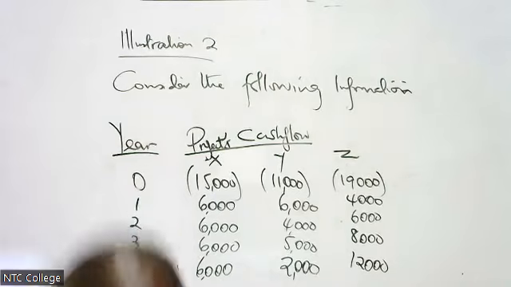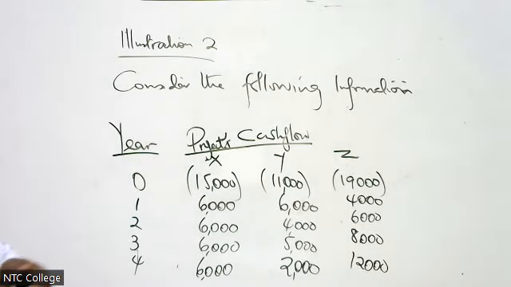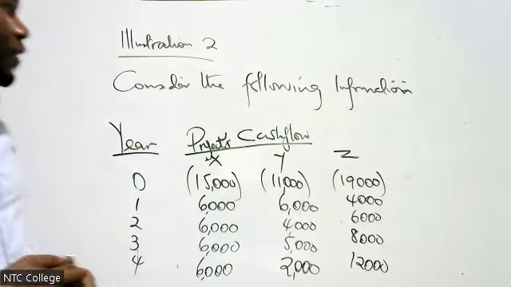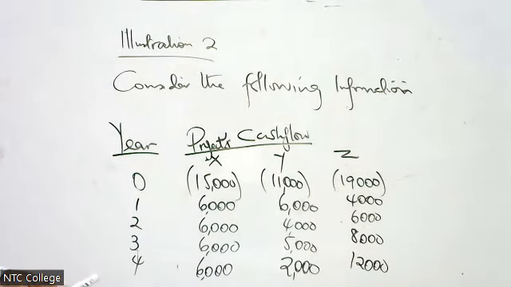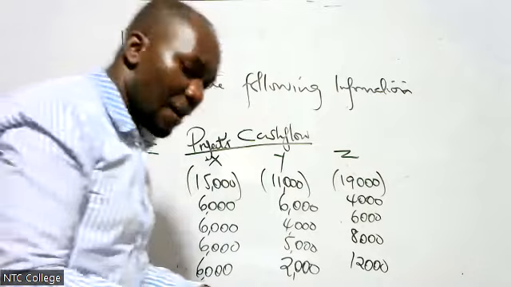Can somebody calculate for me the NPV of these projects using the risk adjusted discount rate calculated above?